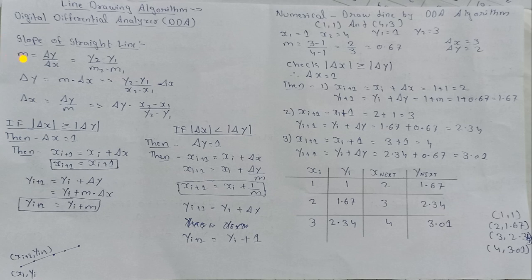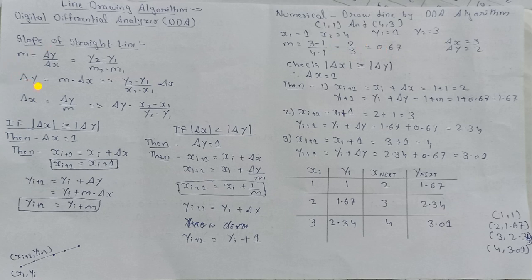To find the slope m, it is y2 minus y1 divided by x2 minus x1. So y2 is 3 minus y1 which is 1, so 3 minus 1 divided by 4 minus 1. That is 2 by 3, and we get the answer as 0.67.